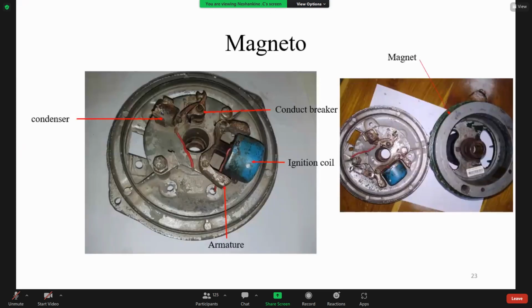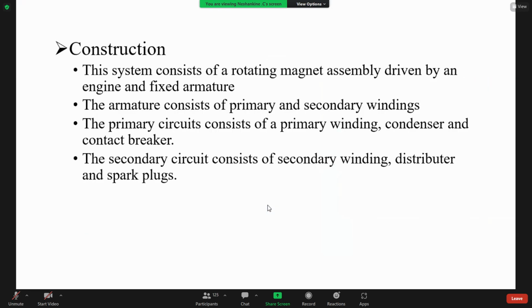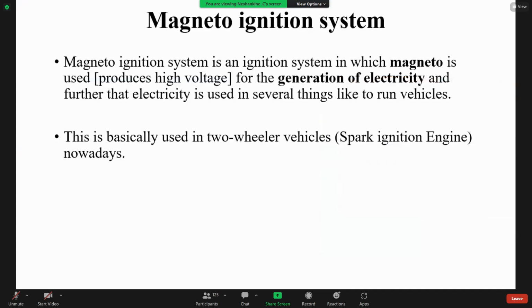Then this is the real specimen of this magneto. Here this one is the condenser, this one is the contact breaker, the ignition coil, then this one is the armature, this one is the magnet. First write this one.